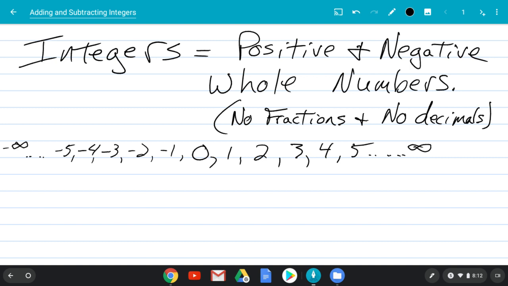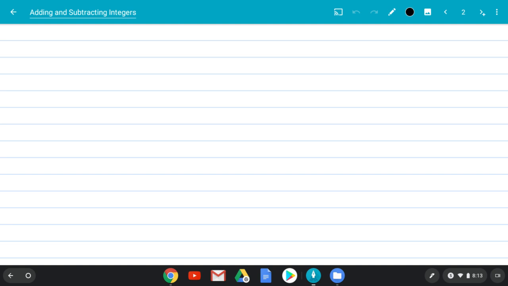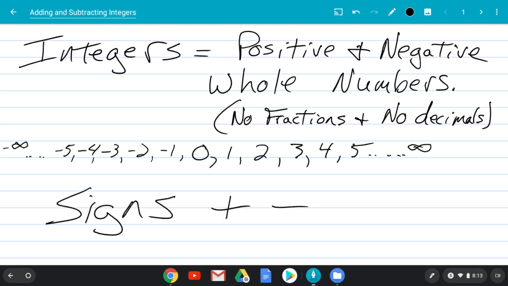Those are the integers. Now, what I'm going to teach you about today is dealing with signs. Many of us seem to have a difficulty dealing with signs, so I'm going to help you deal with signs. What signs? Positive and negative signs. Now, everything that I teach you today is going to work for other numbers as well.